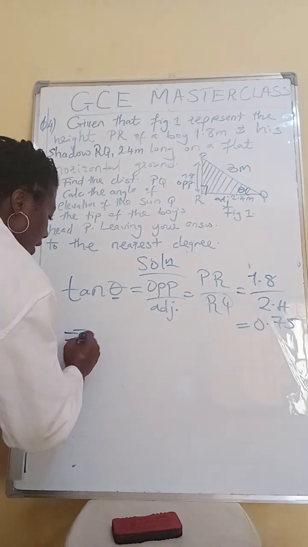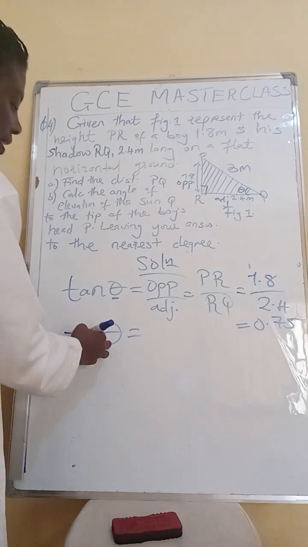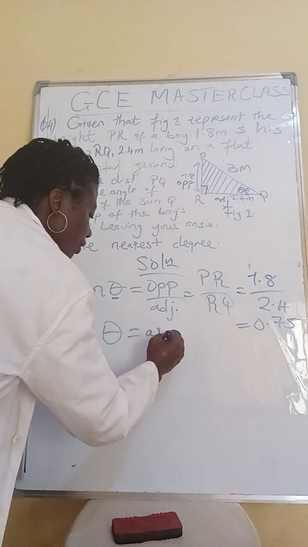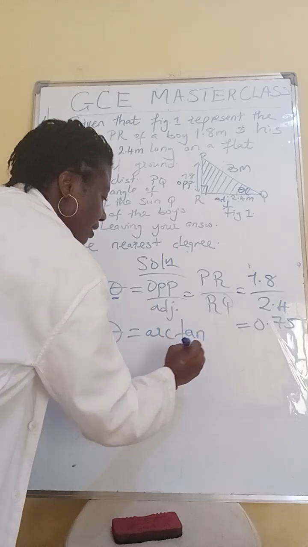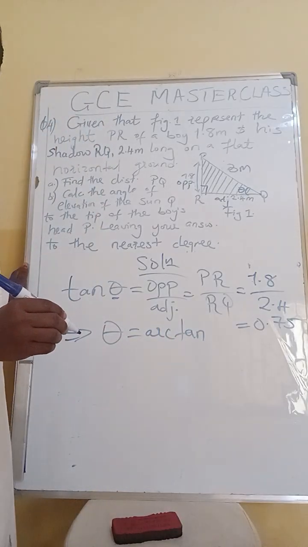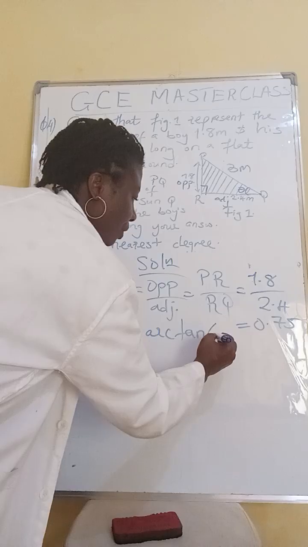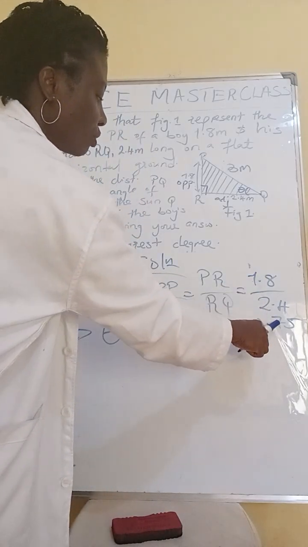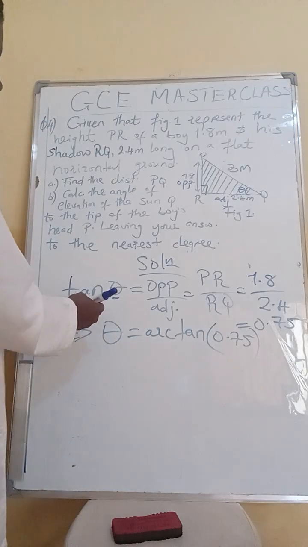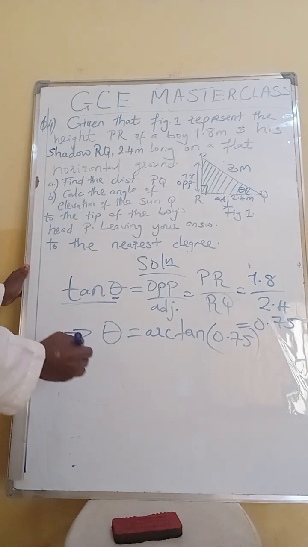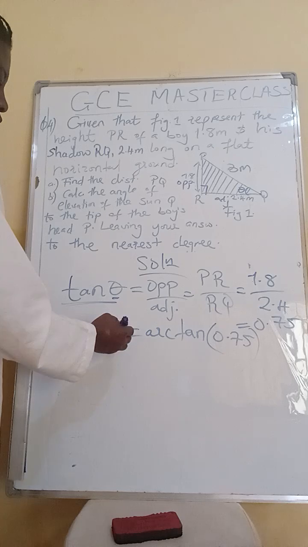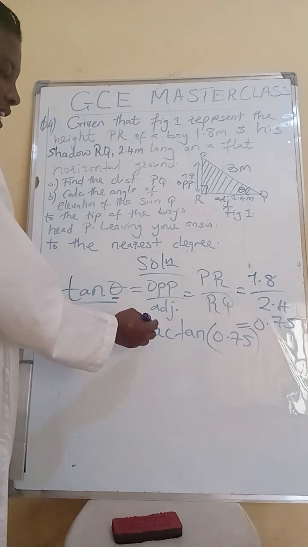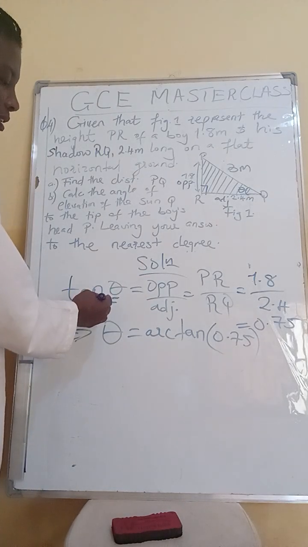We are going to say theta equals arctan of 0.75. For us to remove this tan theta, we use the reverse, which is the inverse of tan.